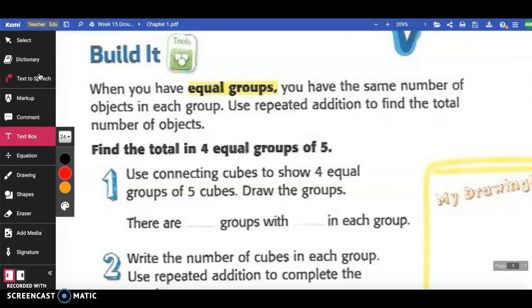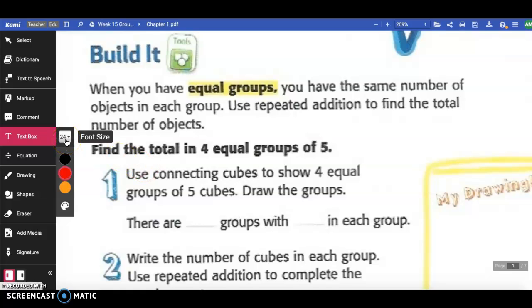That's repeated addition because there are equal groups of 2, right? So that's what you should think of whenever you hear us using that term equal groups throughout this unit.